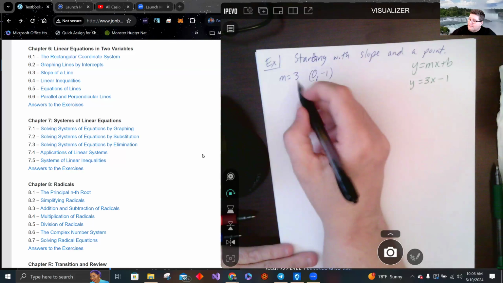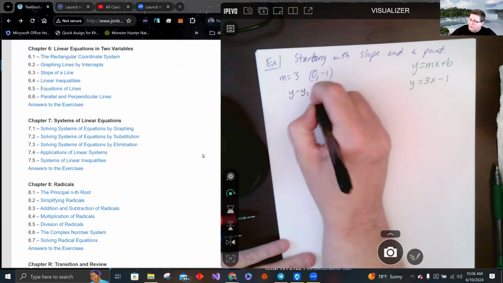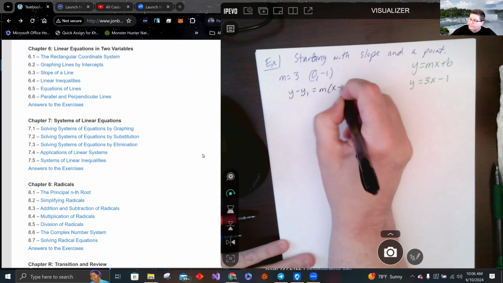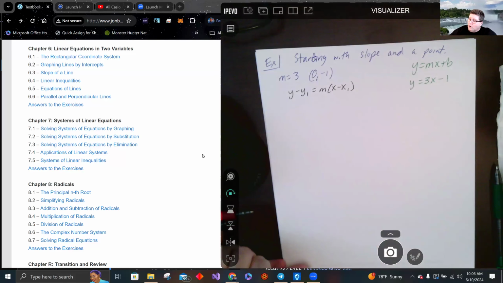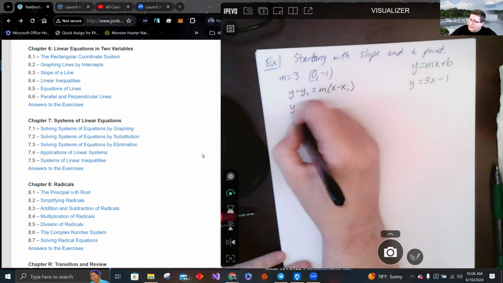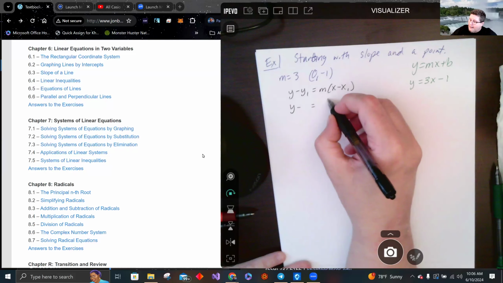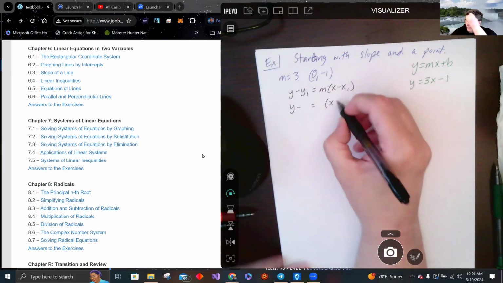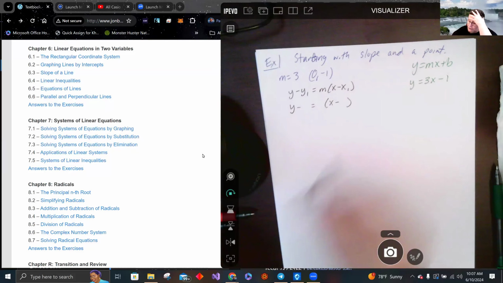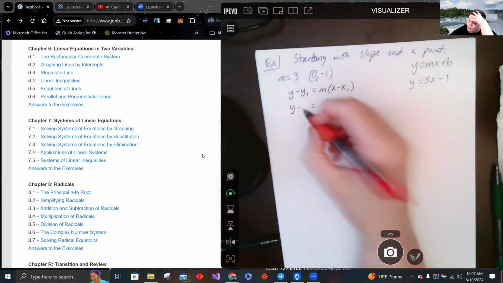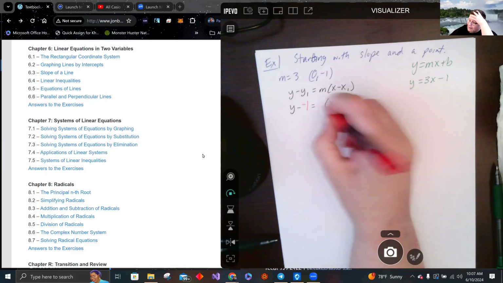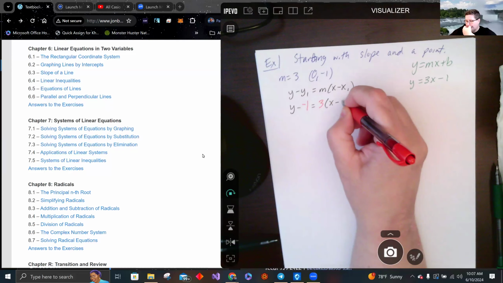I'm going to show you the same thing with y minus y1 equals m times x minus x1. We're going to replace the m and y1 and x1 with the values we have. Y1 is -1, m is 3, and x1 is 0.